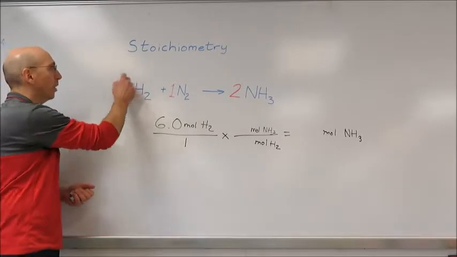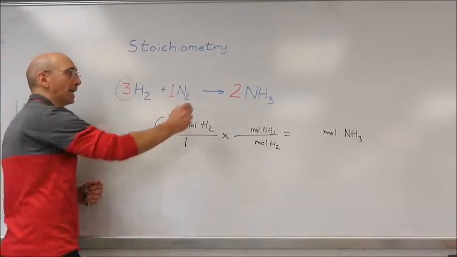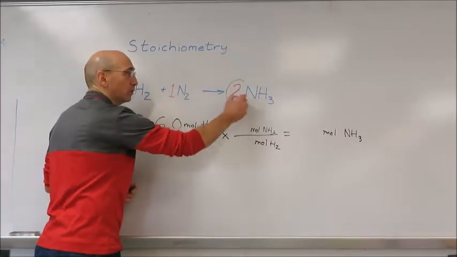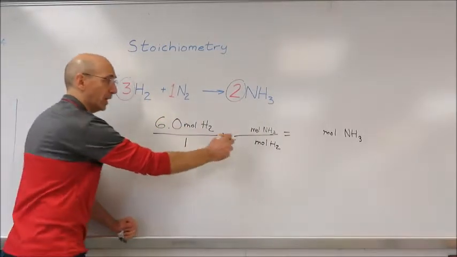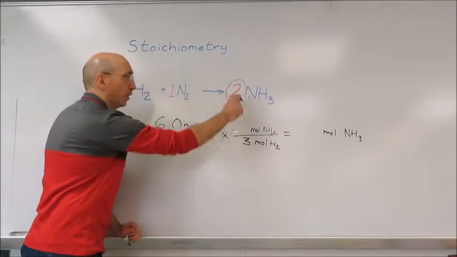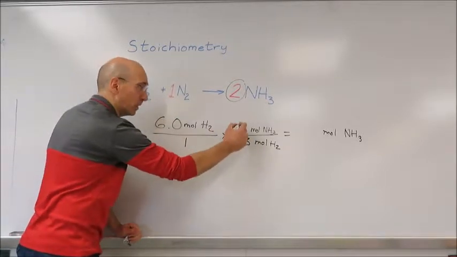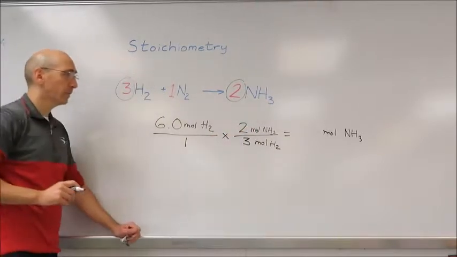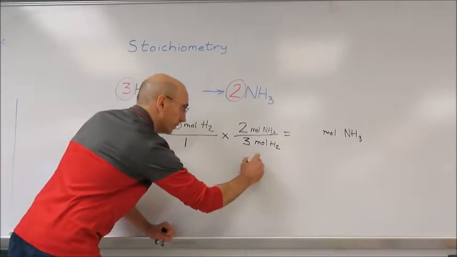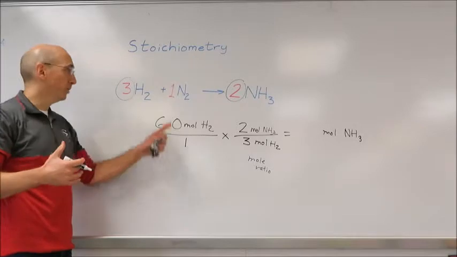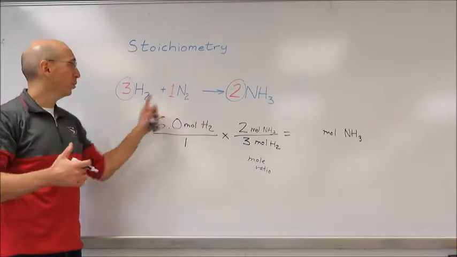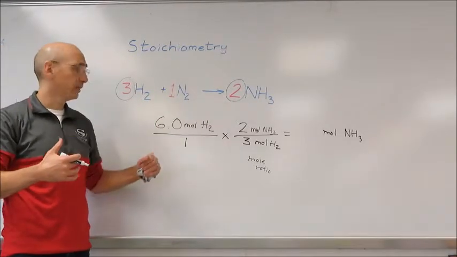For every 3 moles of hydrogen, I can react it to form 2 moles of ammonia. So the 3 moles of hydrogen goes here. The 2 moles of ammonia go here. This is the mole ratio that I'm using in this problem to figure out the relationship between this reactant and that product.